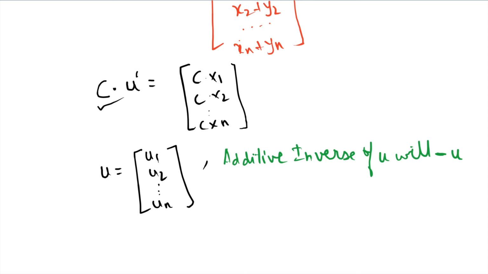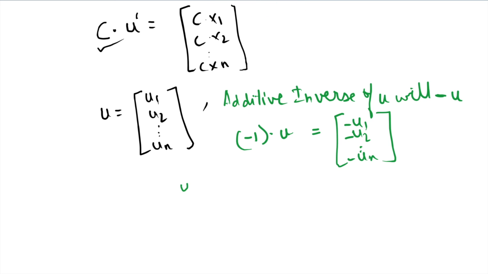And what is minus u? Minus u is nothing but the scalar minus 1 multiplied by u. So that will be minus u1, minus u2, dot dot dot minus un. And you can see why it's called the additive inverse: if you add u plus minus u, what you get is the zero vector.